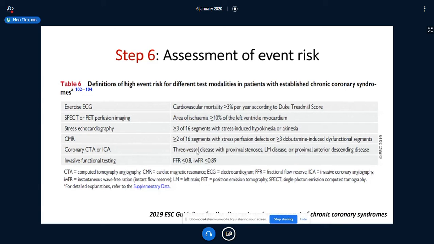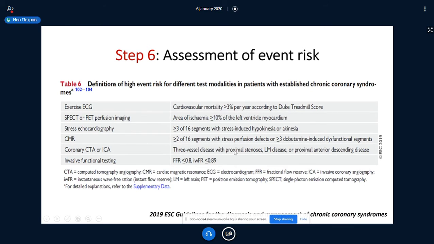On the echo, we are searching for more than 3 segments with impaired movement, or more than 2 segments on the cardiac MRI with impaired movement. This is telling us of a higher probability of high clinical risk.